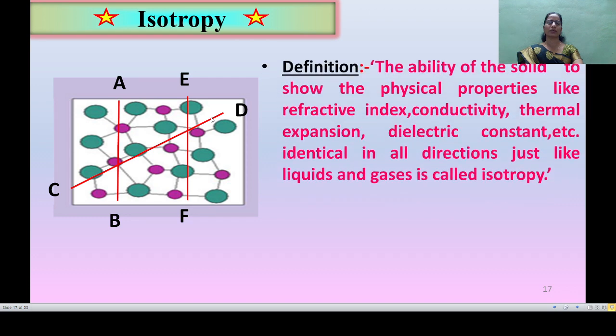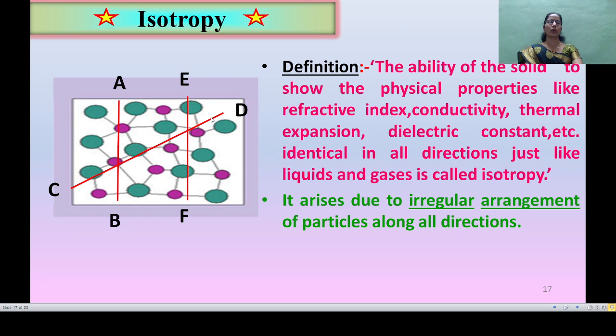So see the definition of isotropy: the ability of the solid to show the physical properties like refractive index, conductivity, thermal expansion, dielectric constant, etc., identical in all directions, just like liquids and gases, is called isotropy. Here, this isotropy arises due to irregular arrangement of particles along all the directions.